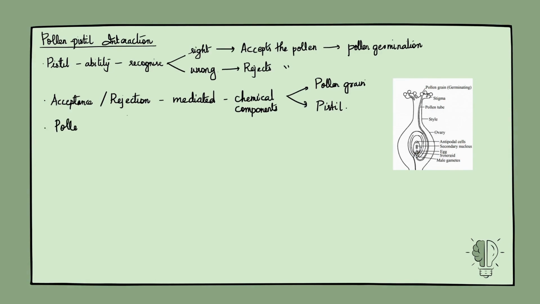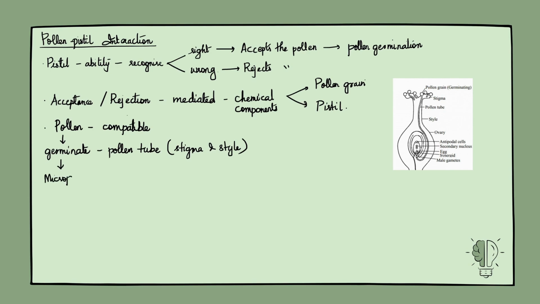So, now we've learned that if the pollen is compatible, the pollen germinates into a pollen tube, which grows through the stigma and style to reach the ovary, where it enters through the micropylar end, and it enters one of the synergids through the filiform apparatus, and it reaches the ovule to release two male gametes into the ovule.